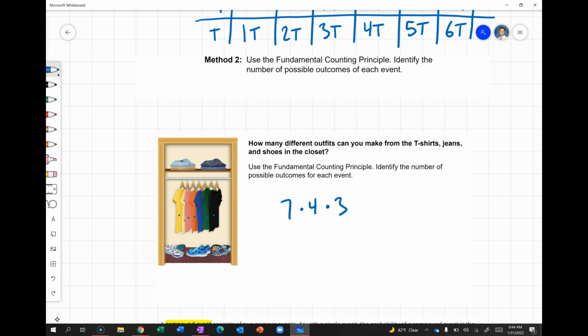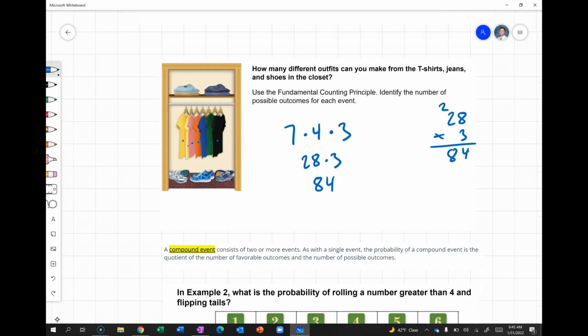We can multiply the total possible outcomes for each of those events: 7 times 4 times 3. 7 times 4 is 28, and 28 times 3 is 84. So you could make 84 different outfits with what's in that closet.